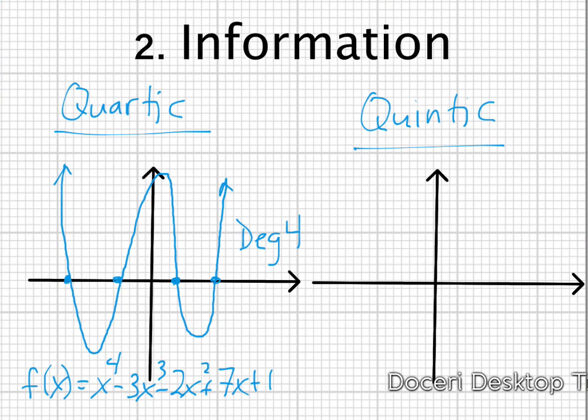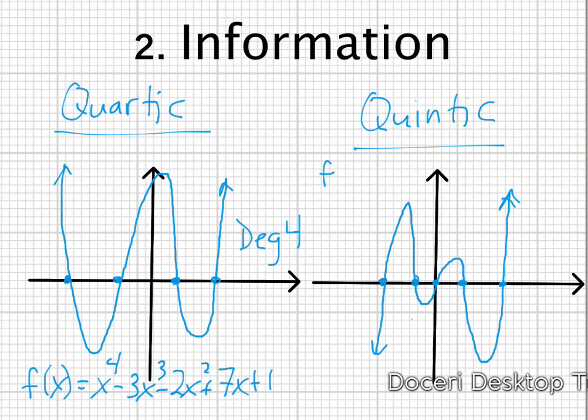And then if I have a quintic, you guessed it, I'm going to cross the x-axis 5 times. So this is a general form for this graph, and it crosses 5 times.